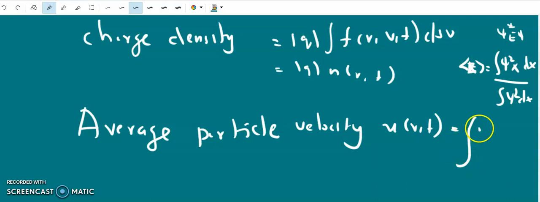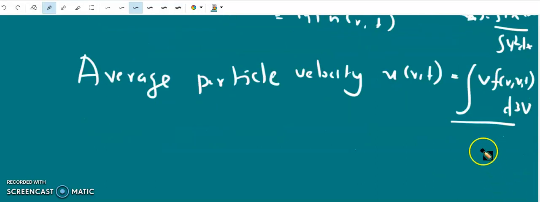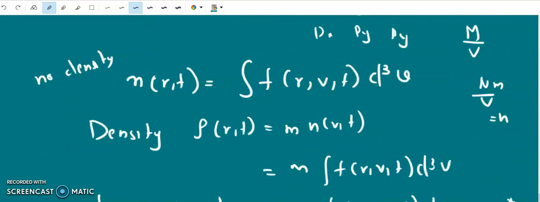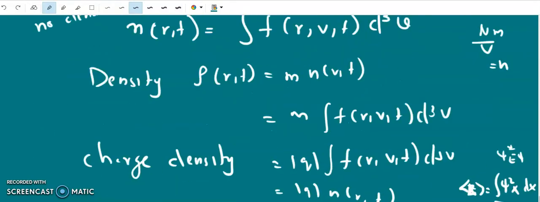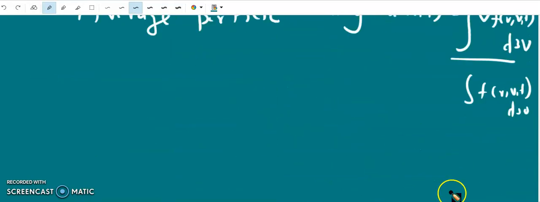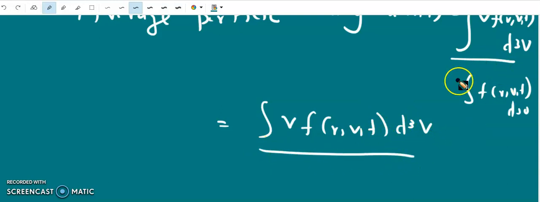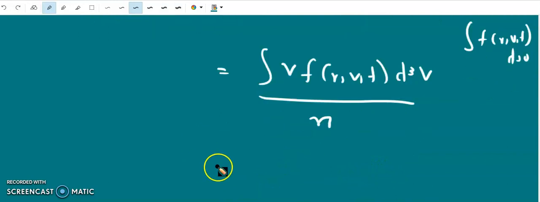For velocity, instead of v into psi squared, we use v times f of r, v, t d cube v, whole divided by the integral of f of r, v, t d cube v. But the integral of f of r, v, t d cube v we have already seen: it is the number density n. So this can be written as the integral of v f of r, v, t d cube v divided by the number density, or 1 over n into the integral of this.